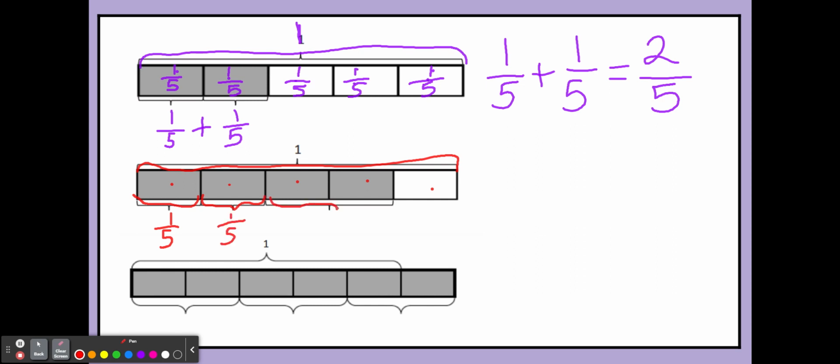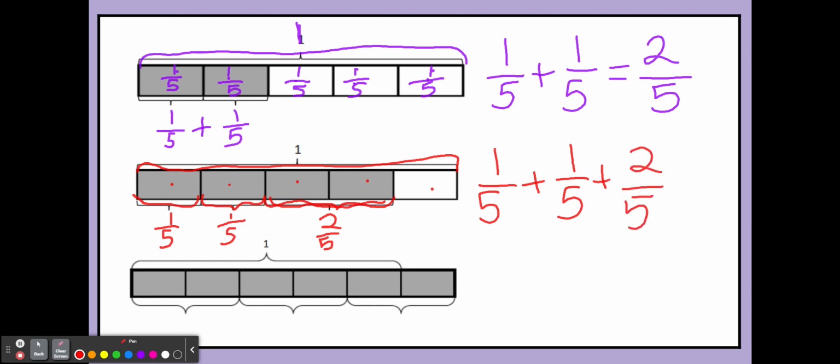But this one is 2/5. So you have to pay attention to these brackets and how much they're including. So our addition sentence would be 1/5 plus 1/5 plus 2/5, and then we have 1 plus 1 plus 2 equals 4/5, which makes sense because 4 out of the 5 are shaded.